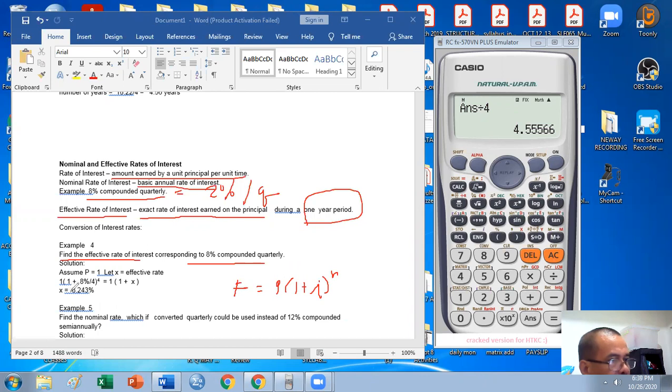So, 1 times (1 plus 8%/4) to the 4, 4 na quarter. Pinako-convert sa effective. So, this is 1 times (1 plus x) na lang, kasi isang taon na lang. And if you solve for x, that gives you 1.02 raised to the 4 and then minus 1. Okay, that gives you 8.243%.